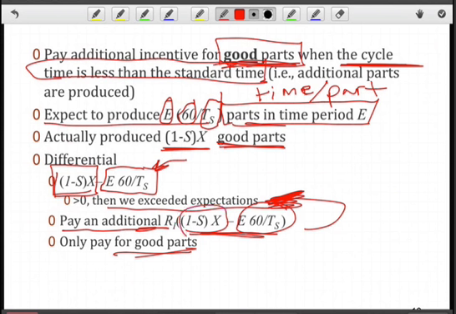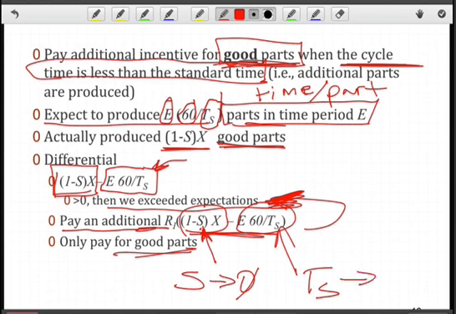If these are the good parts, then of course, if this is negative, we're not going to pay out incentive. So the operators are given some incentive to decrease S, drive it towards 0, and also to outperform the standard time. Again, driving that towards the cycle time.